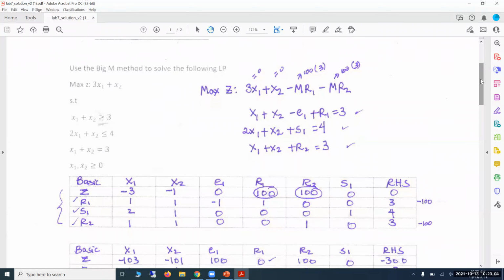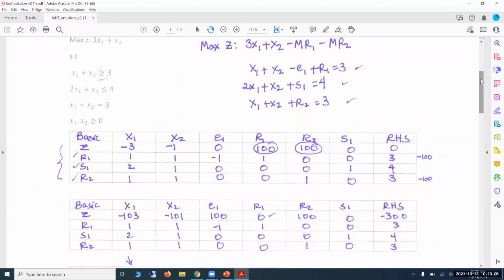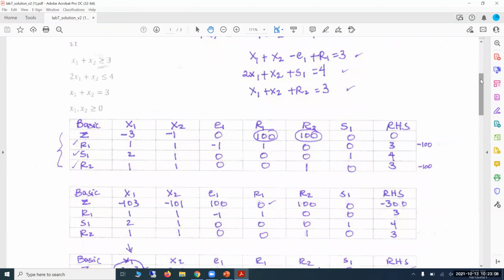So in my first table, I'm showing the result after making this. Row 0 for R1 needs to be 0, so I'm multiplying row 1 by minus 100 and then adding that to row 0.